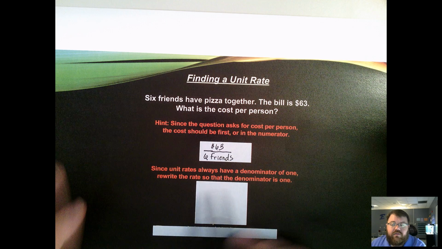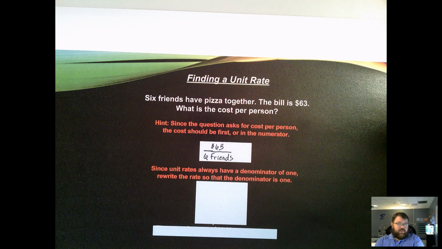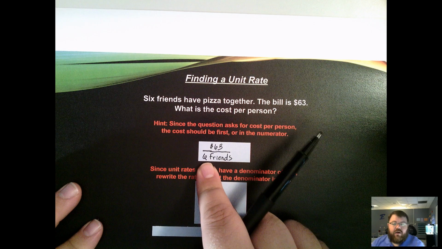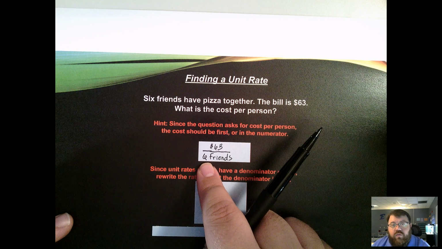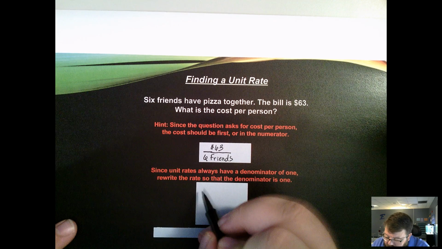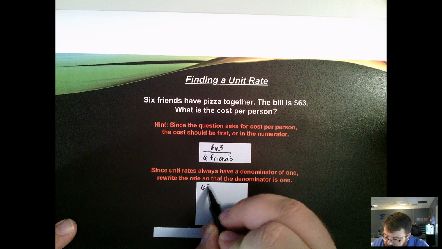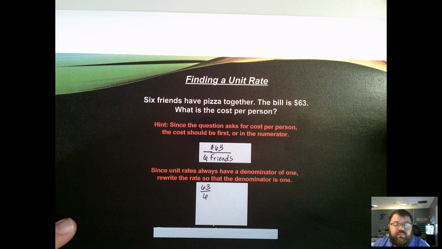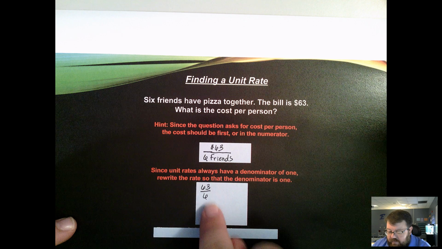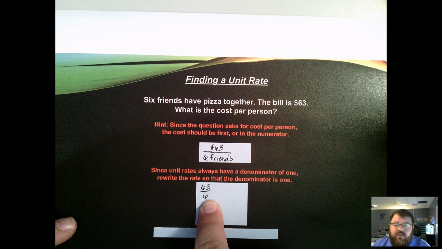Rewrite the rate so the denominator is 1. Okay, so I got to make this 6 a 1. Now this is very simple. What you want to do is we have the rate of $63 and 6 friends. Think about how can I make this 6 a 1 and I can't subtract 5.